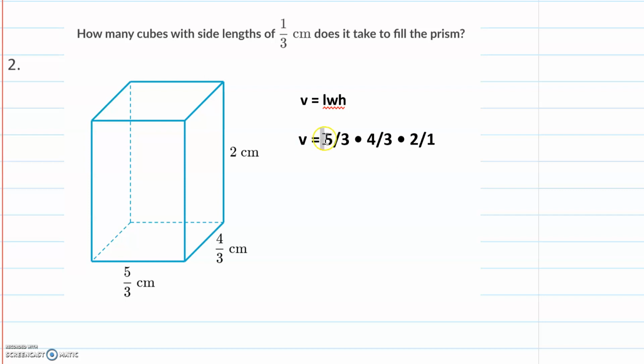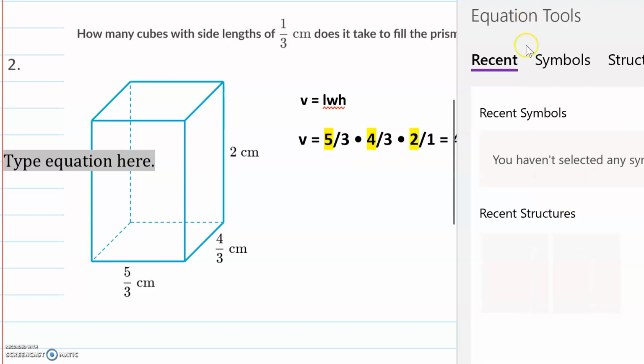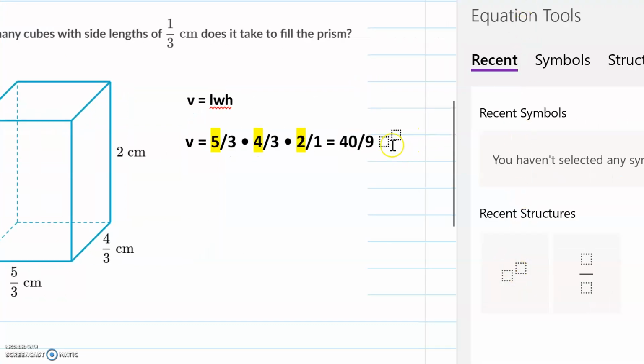So if we're just multiplying the top numbers first, we're going to do 5 times 4 times 2, which gives us 40. And then the bottom numbers, 3 times 3 times 1, which gives us 9. So for that, it's going to be 40/9 cubic centimeters.